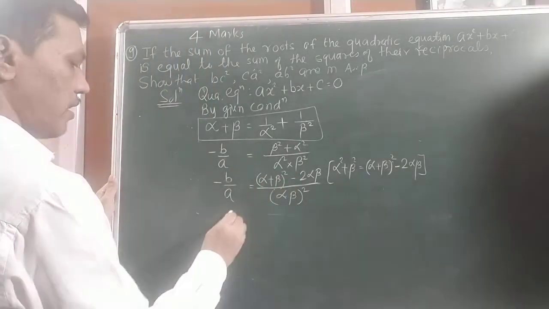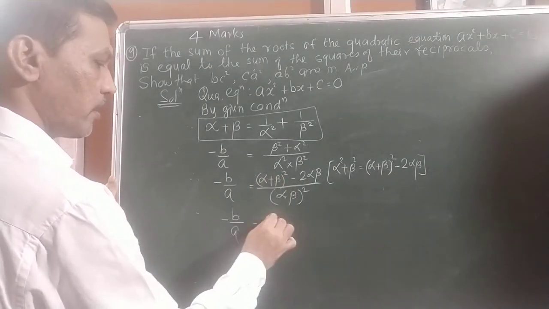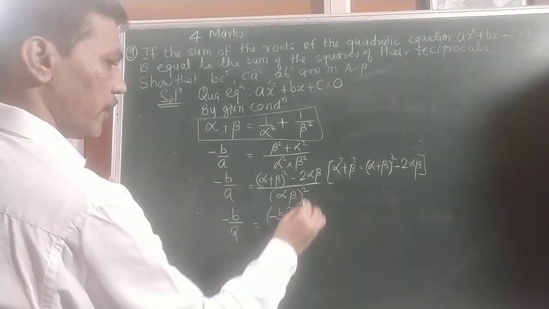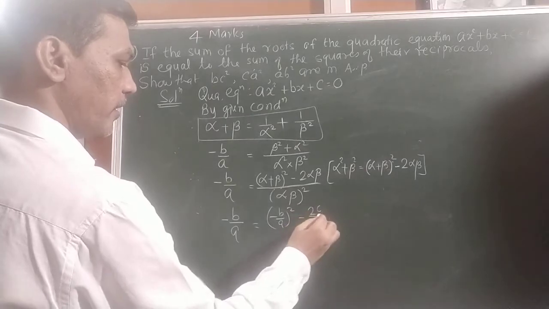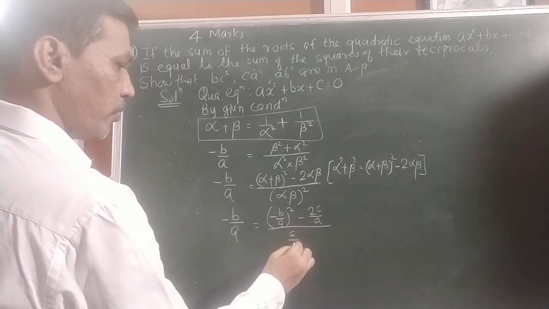Okay. Minus b upon a. Alpha square beta square is nothing but again the formula: c upon a whole square. Alpha plus beta whole square minus 2 alpha beta gives minus 2c upon a.